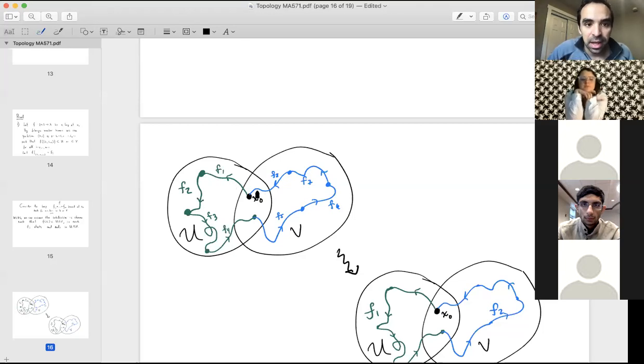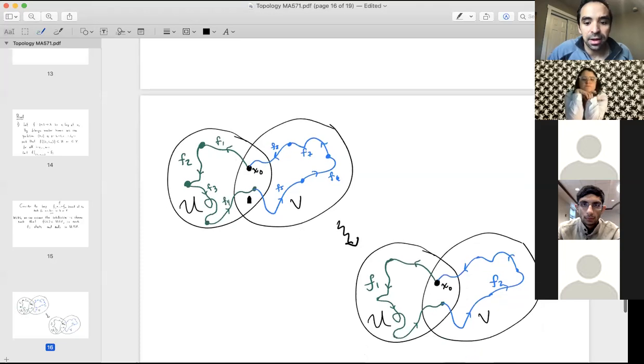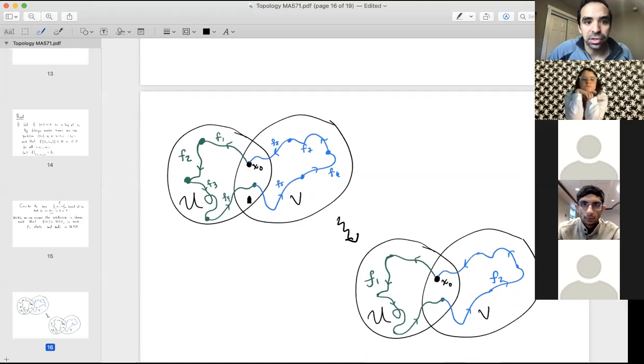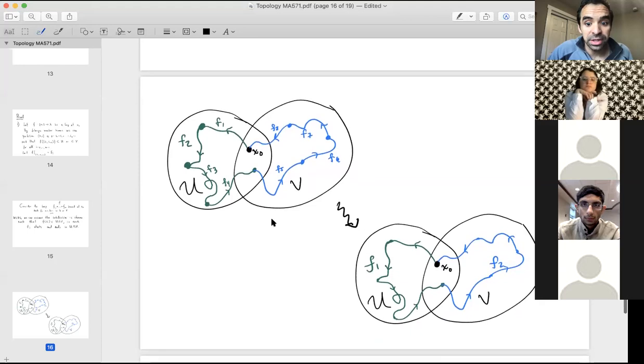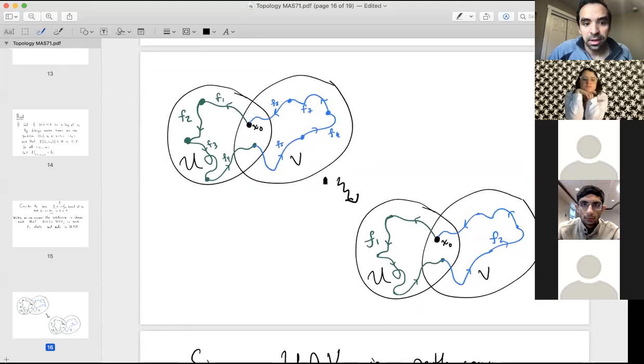But I'm saying that without loss of generality, I can assume that all my pieces start and end at the intersection. For example, if my subdivision splits my green loop into these 4 pieces, I can change the subdivision such that F1, F2, F3, and F4 actually correspond to the same interval in the subdivision.